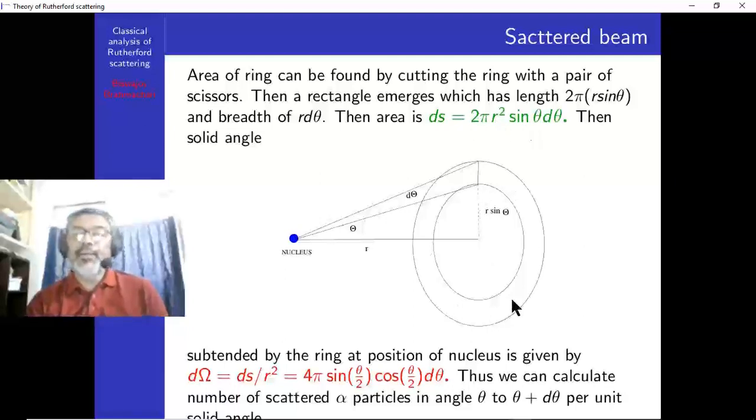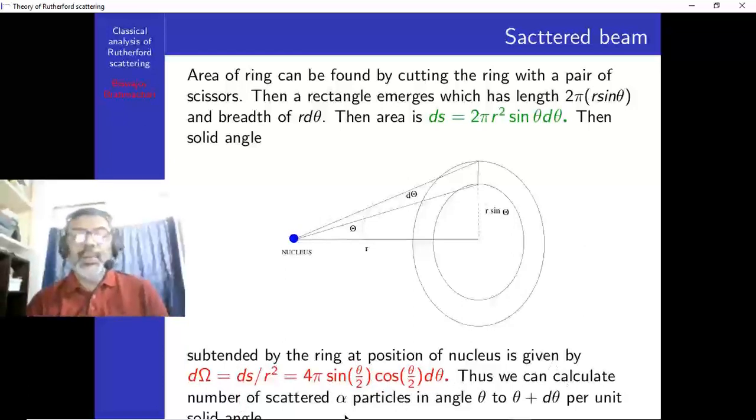That is the area of this ring, so we call it ds. Then the solid angle which is subtended by the ring at the position of the nucleus is given by ds by r square. So that means ds by r square is 2 pi sin theta d theta. Then we can express sin theta in terms of theta by 2. Then we get 4 pi sin theta by 2 cos theta by 2 d theta. That is ds by r square.